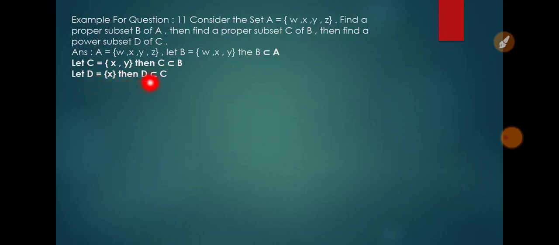Then D is the proper subset of C, as the element present in D is also present in C, and D is not equal to C just because in C there is one more element. Okay, I hope you understand all the examples. So you have to practice all these sums.